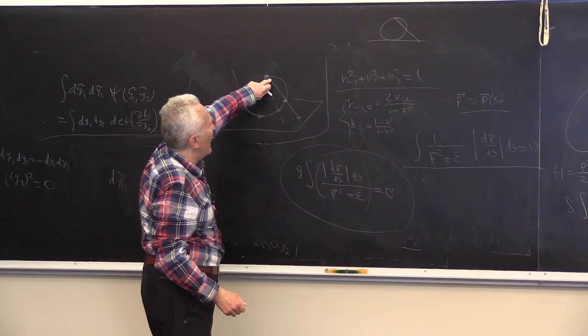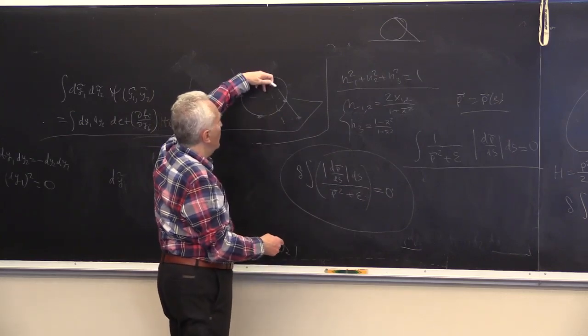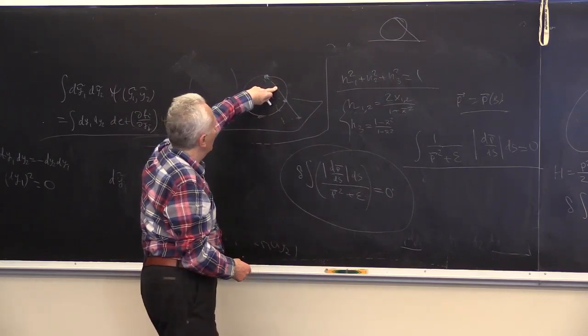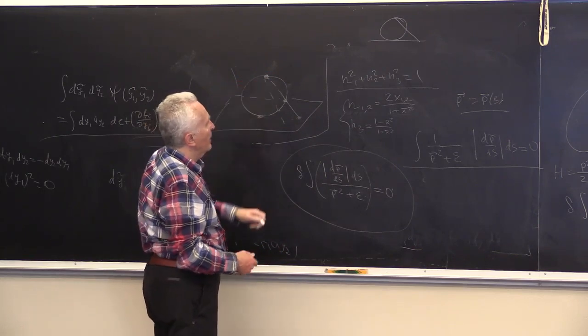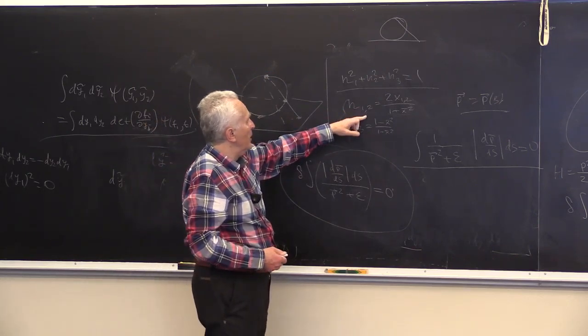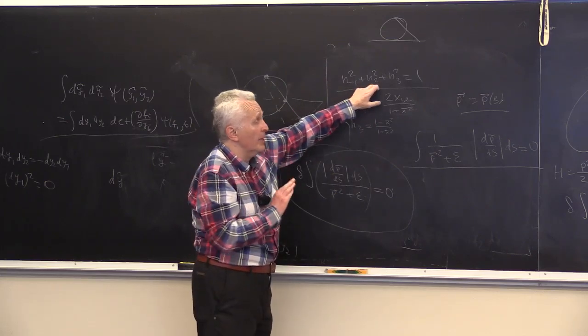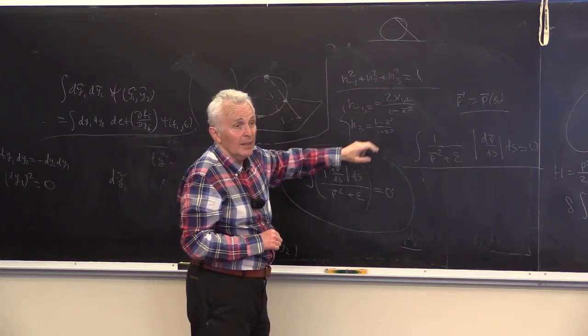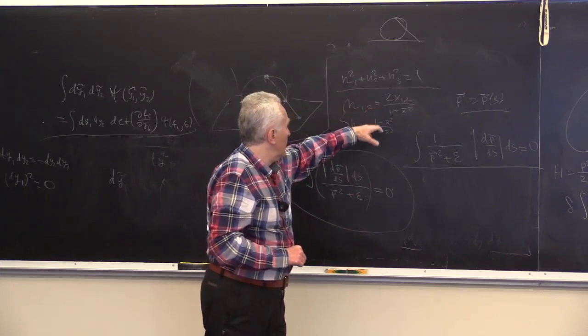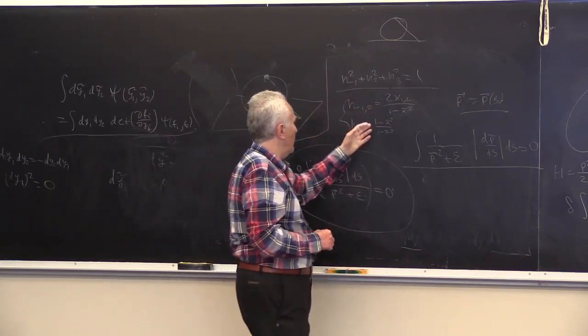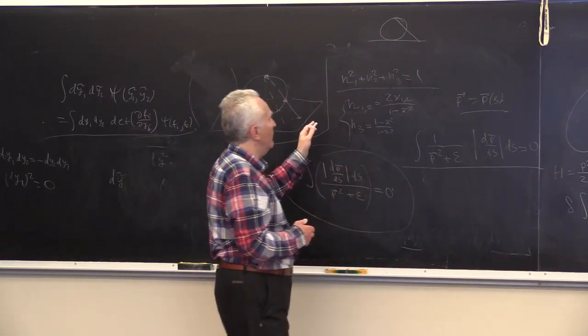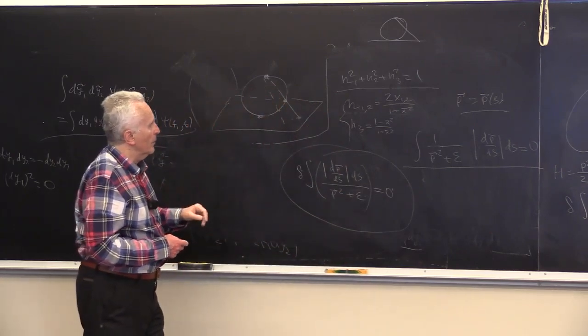So for a given x, n is this unit vector which defines the sphere. You see, for arbitrary x, if you take the sum of three squares, you will get 1. Well, that's pretty obvious, and you will also check it.